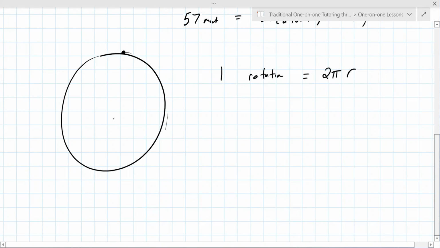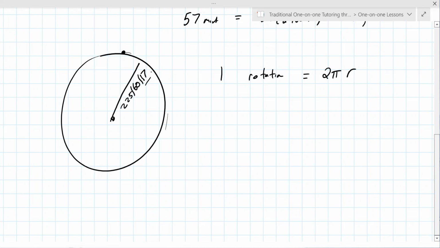And your tires have an r value on there. It's encoded in there, like a 225, 60, 17. That last one is either the radius or the diameter, probably the radius. But that's what's going on here. You go round and round and round, and you do this for a while.